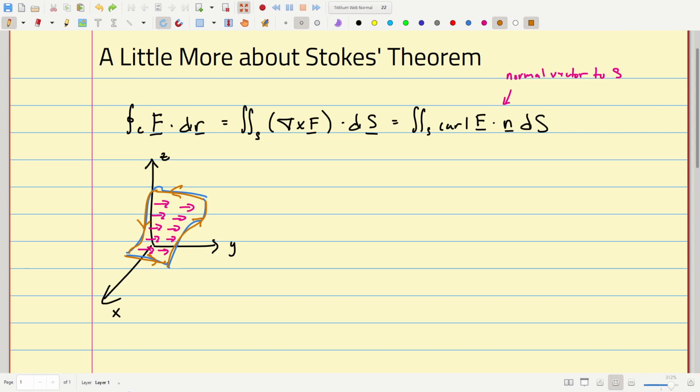This is F dot the derivative of r, integrated with respect to t here. So it's the tangent vector that we're comparing to F.